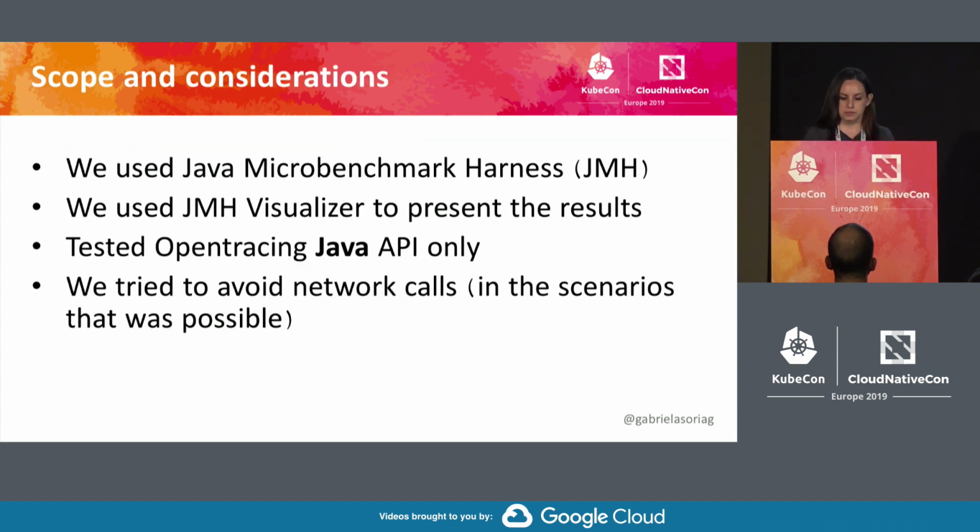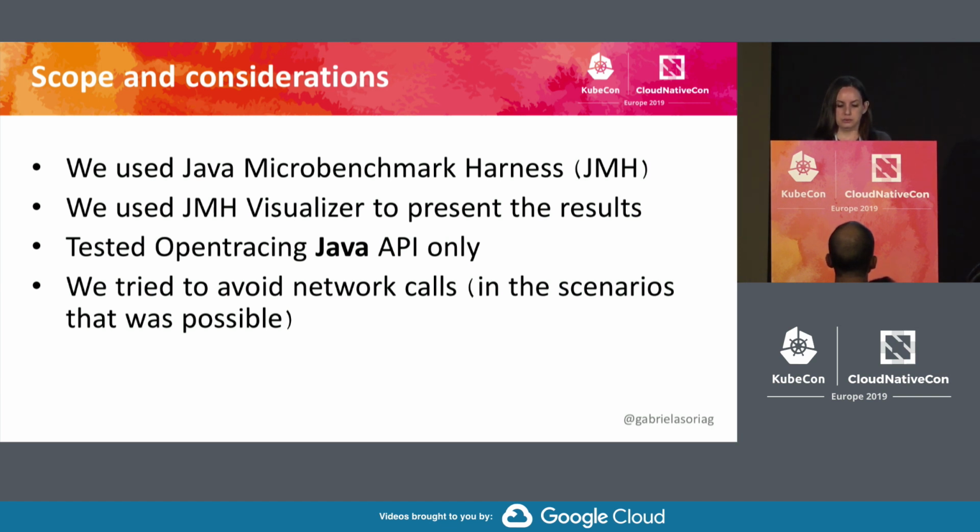So let's move to talk about the tests we built. These are some considerations that we took before building the test. We use a toolkit created by OpenJDK to build benchmark tests. It is called Java Microbenchmark Harness, or JMH.